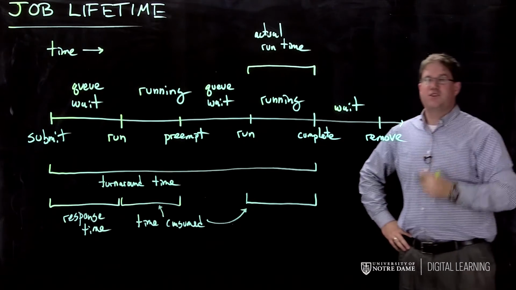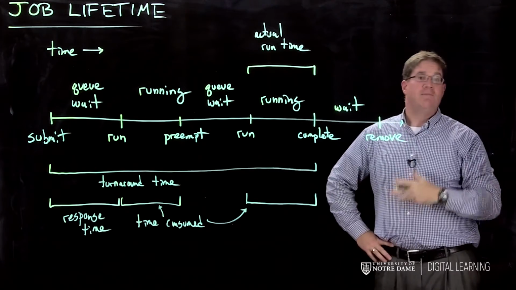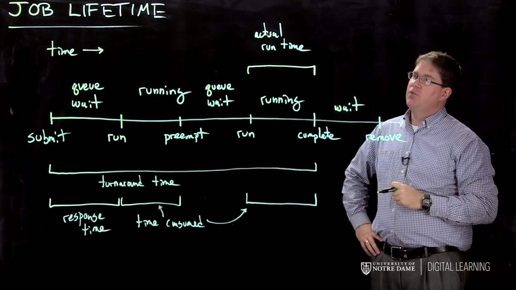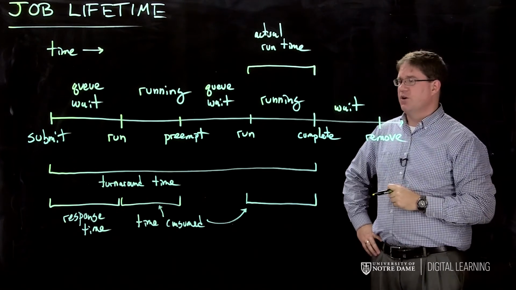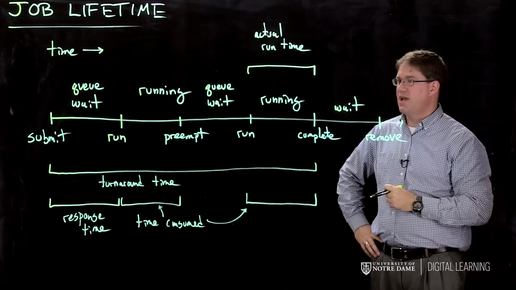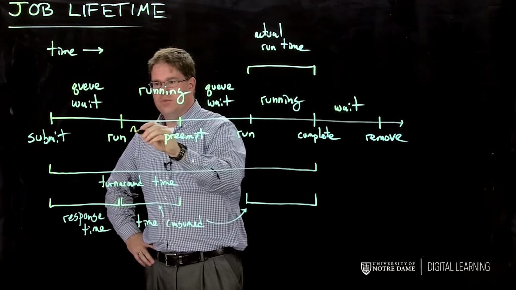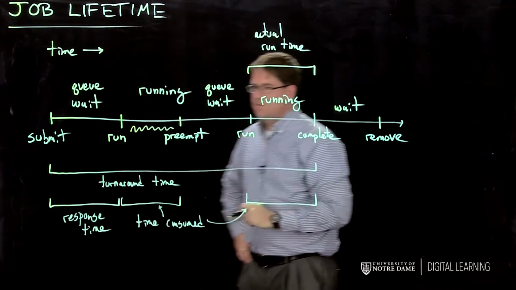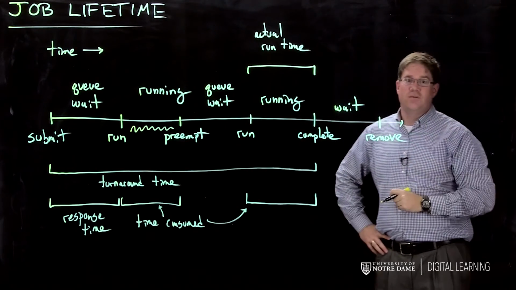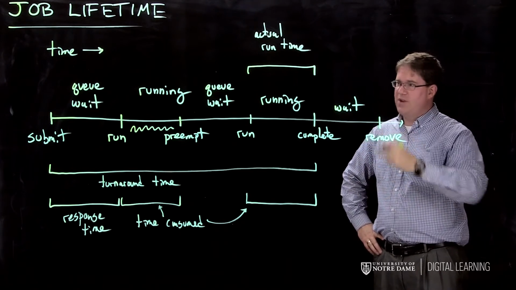Now, the difference between those two is kind of interesting, because of course this is what the user actually cares about, and ideally the job would use its actual runtime first. But the reality is, because of the preemptions, it consumed more time on the cluster. And in fact, this interval here that it consumed was not actually productive for real work. It ran and then it failed and we had to run it again.